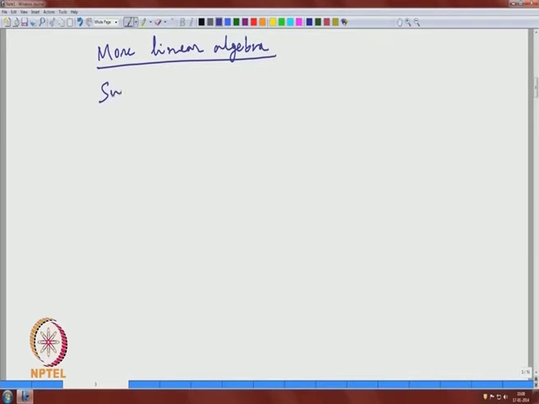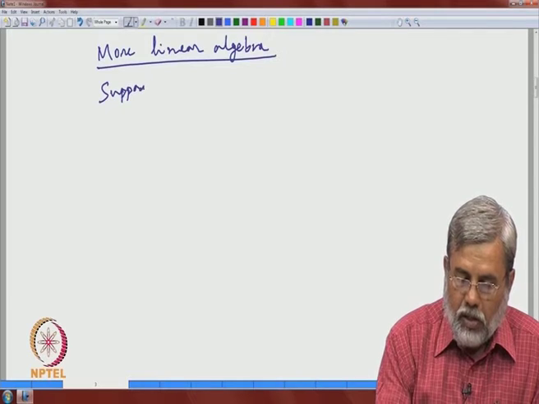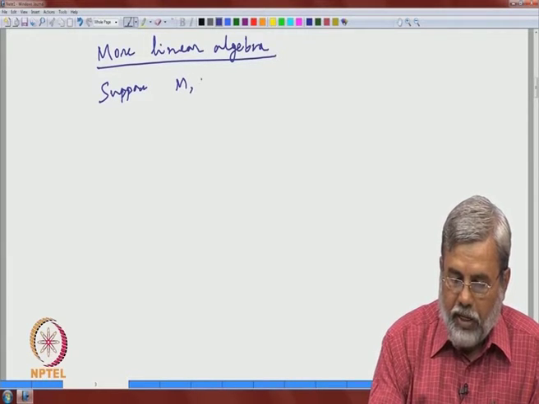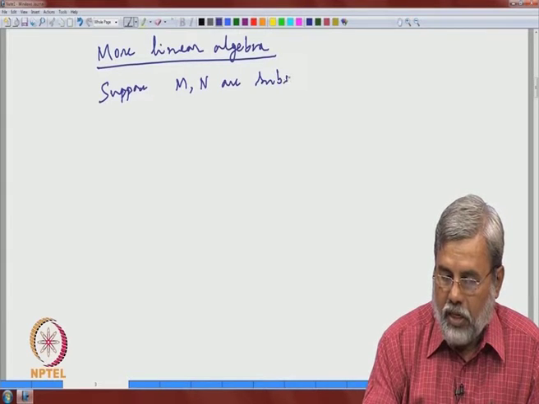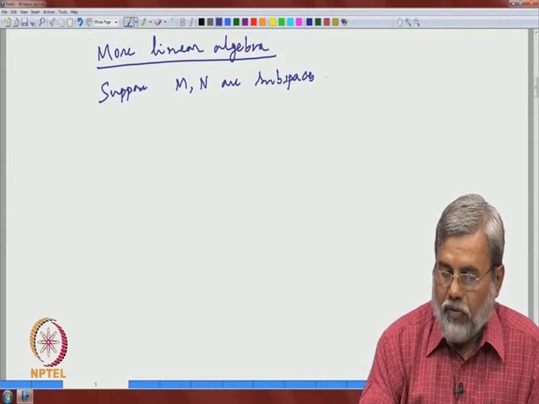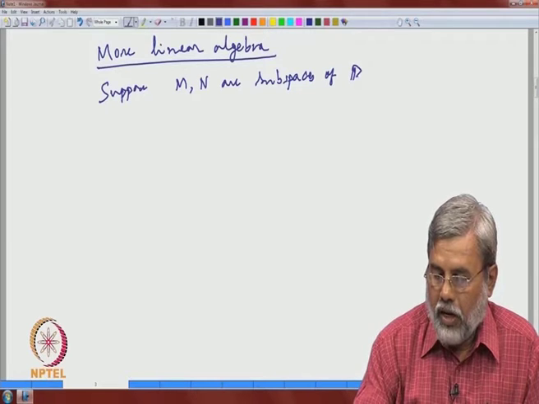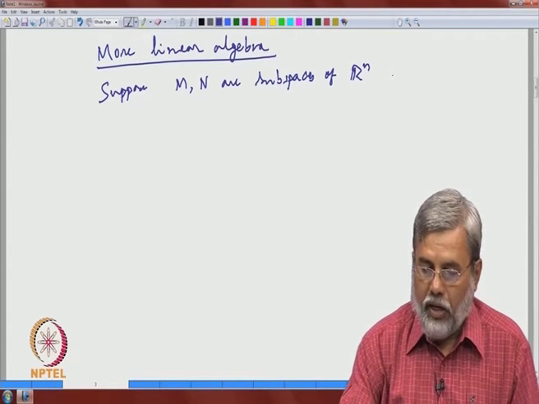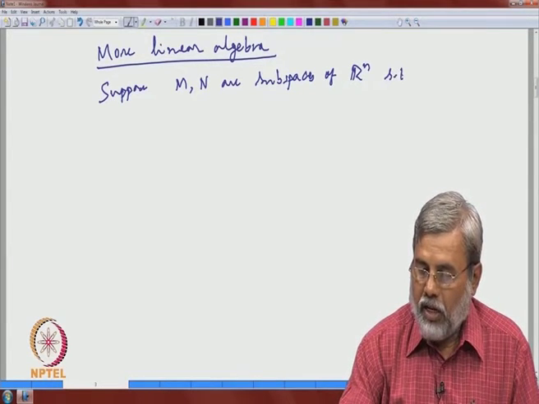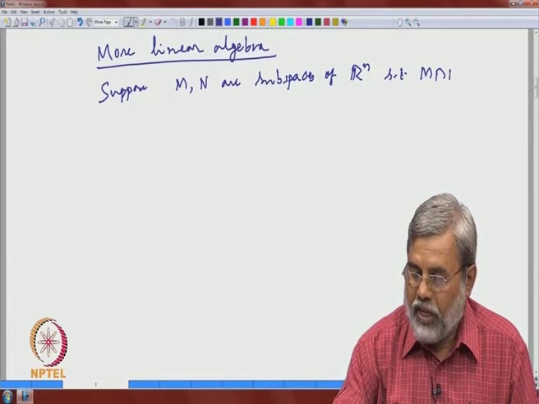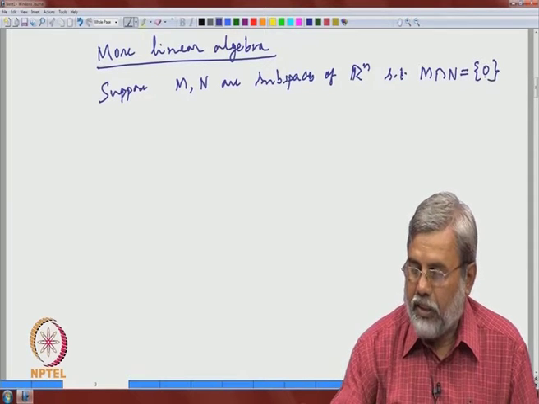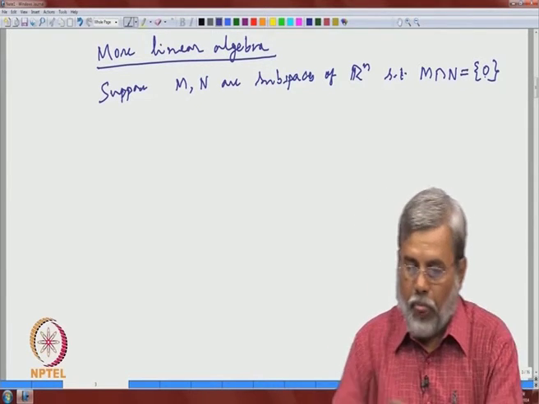So, suppose M and N are subspaces of R n such that, since they are subspaces, the 0 element is always there, and I just want their intersection to be just 0.